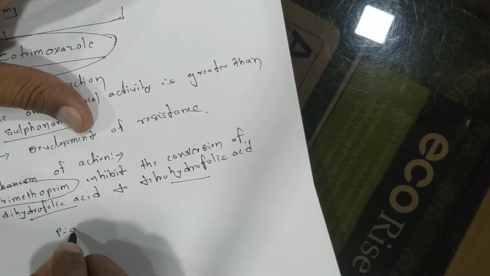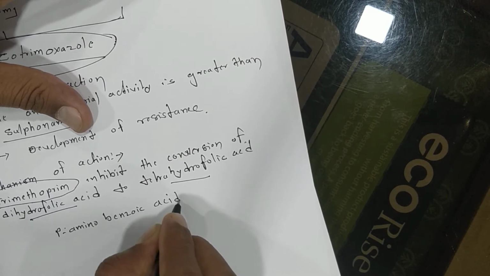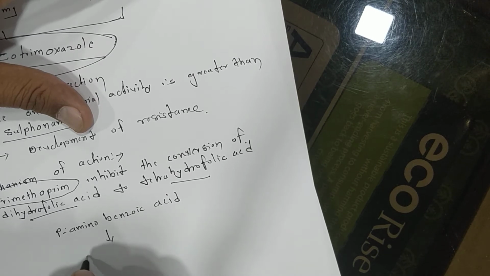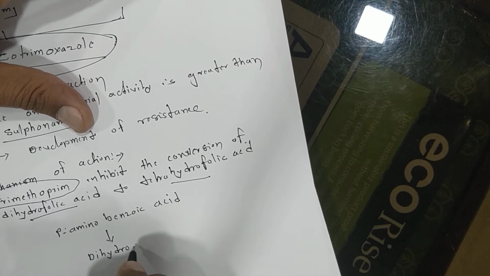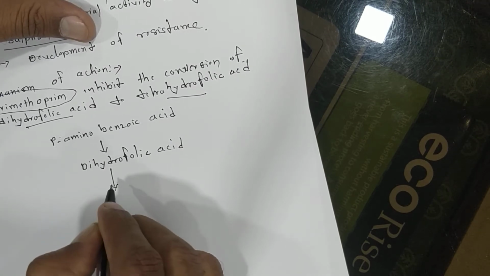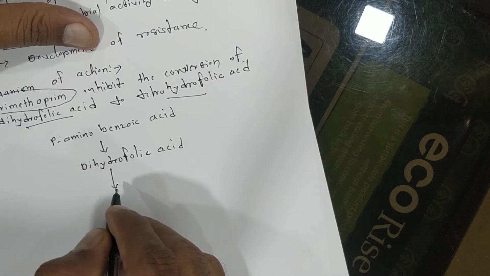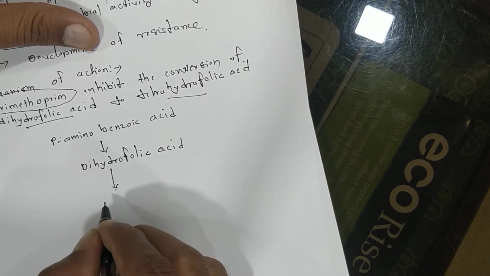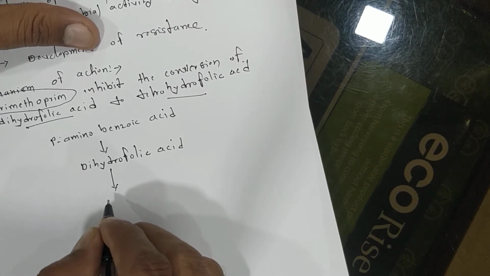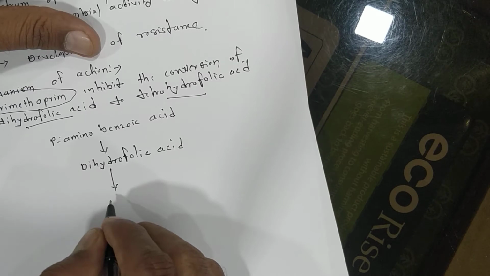It forms dihydrofolic acid, which is converted onward. Trimethoprim inhibits the conversion of dihydrofolate to tetrahydrofolate, whereas sulfonamide inhibits the incorporation of PABA into the synthesis of folic acid.